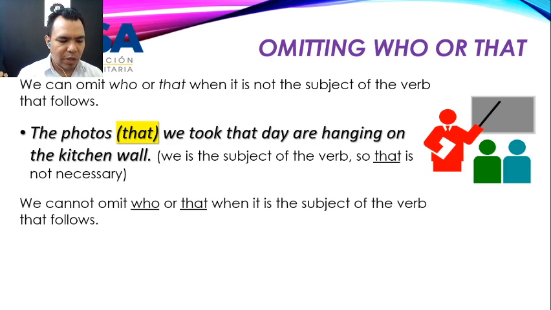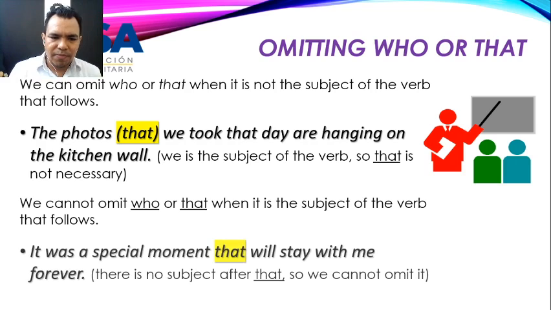In the first part, you are talking about somebody or something, and the other part is additional information about the first one. But when in the second section who or that is the subject of the action, you cannot take it out. You need it to complete the sentence. But when you have a different subject in this second section, who or that is not necessary.